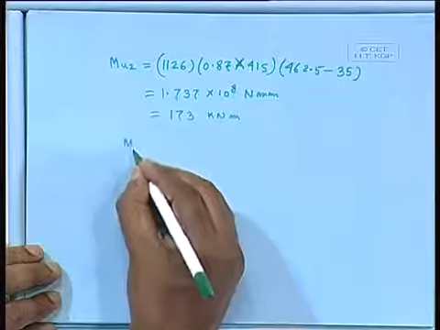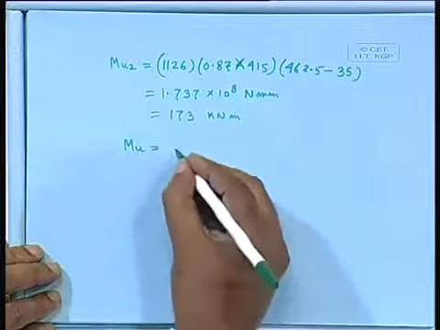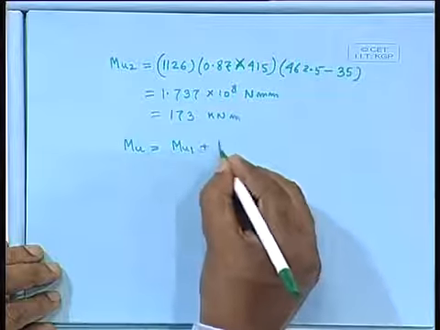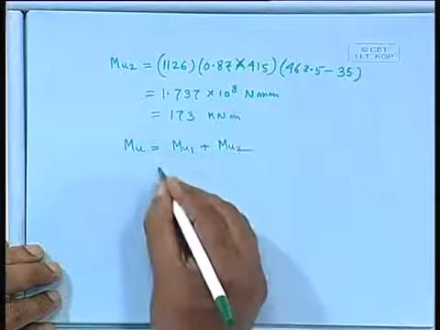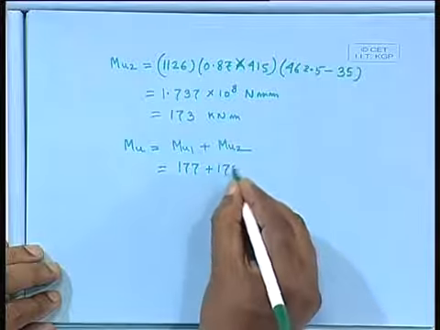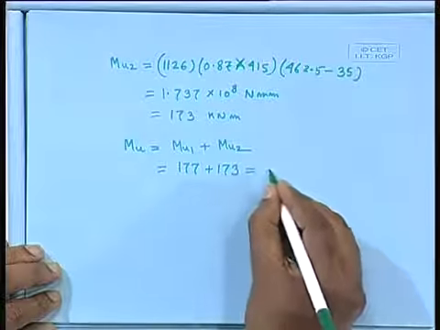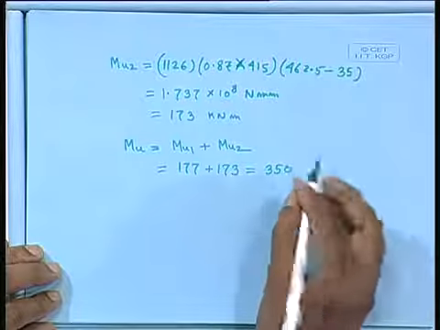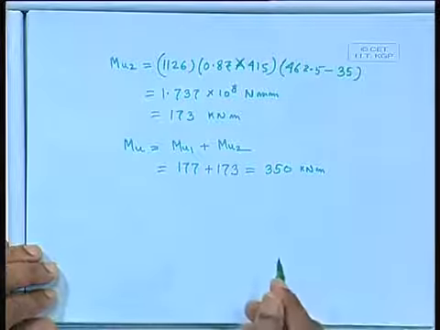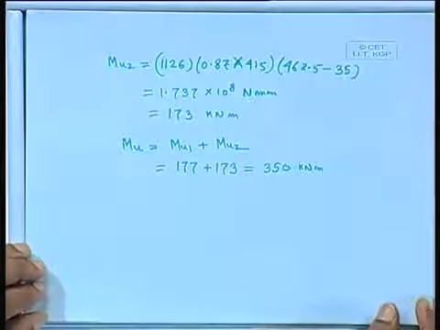Mu we can write down as Mu1 plus Mu2 equals 177 plus 173 equals 350 kilonewton meter. Okay.